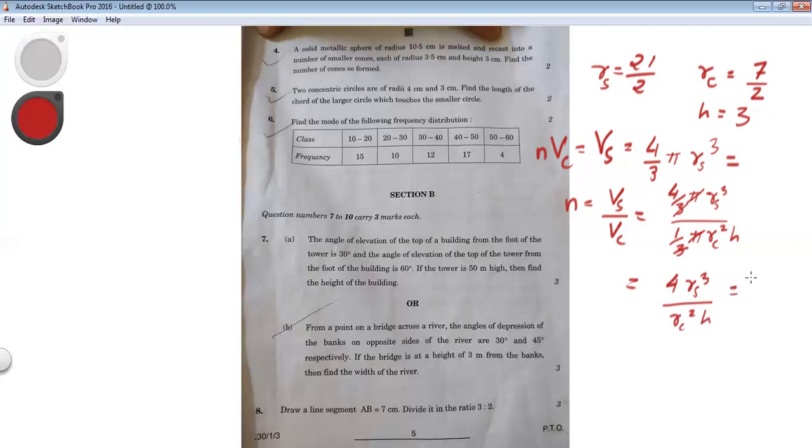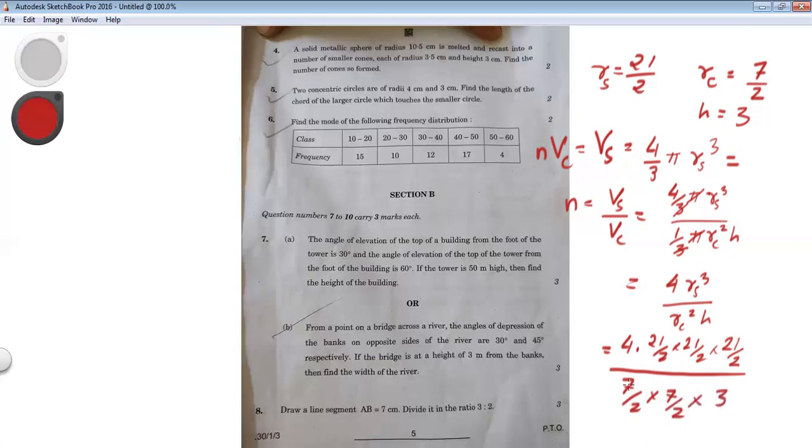So this is nothing but 4 into Rs cube, which can be written as 21 by 2 into 21 by 2 into 21 by 2, divided by Rc, which is given as 7 by 2 into 7 by 2, and h is 3.